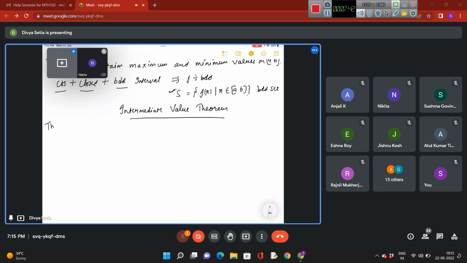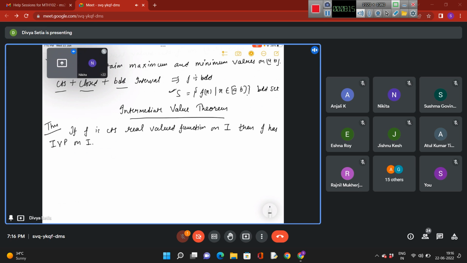As the name signifies, the statement of the theorem says that if f is a continuous real valued function on I, then f has the intermediate value property on I.